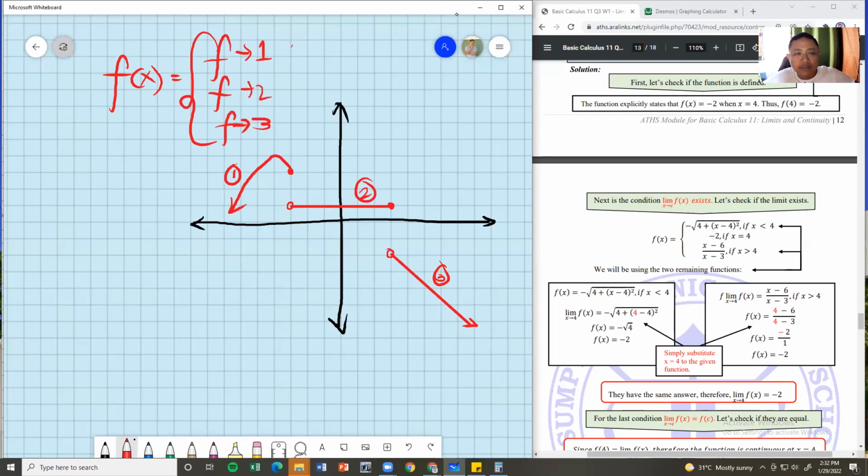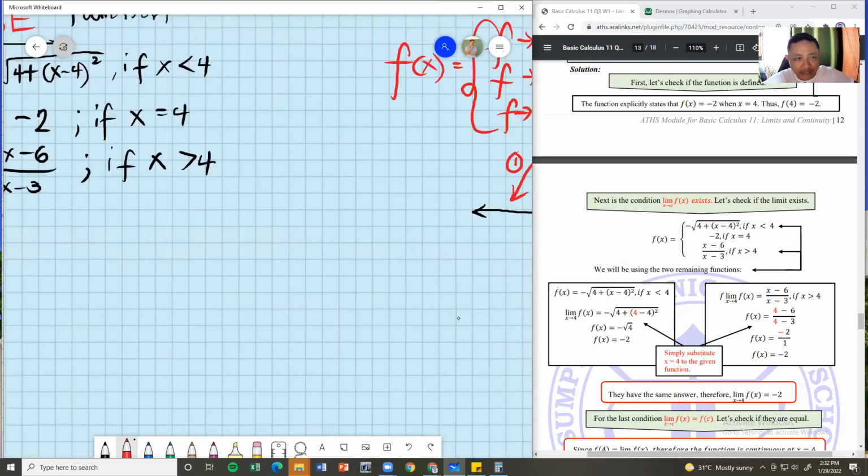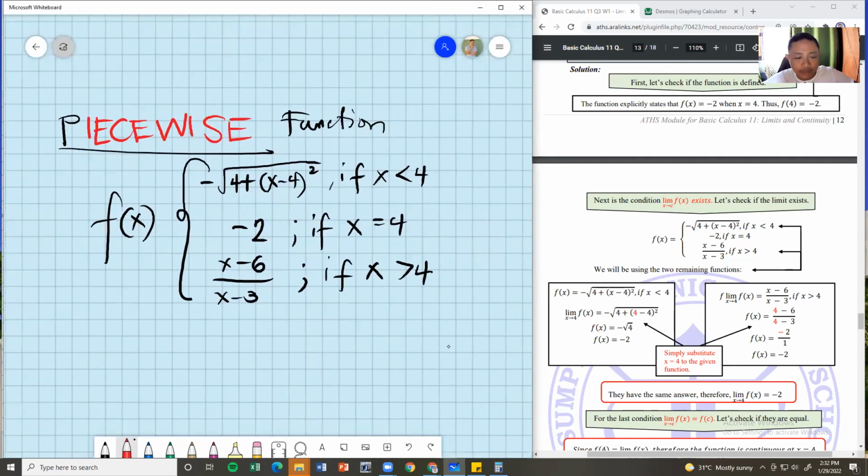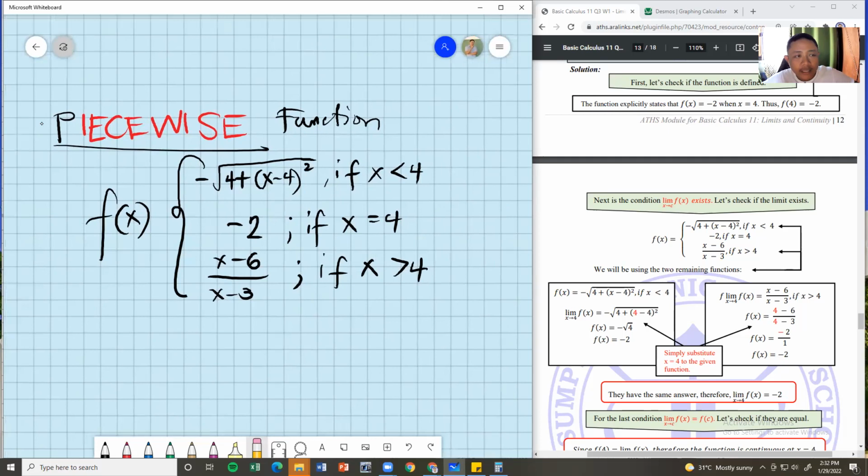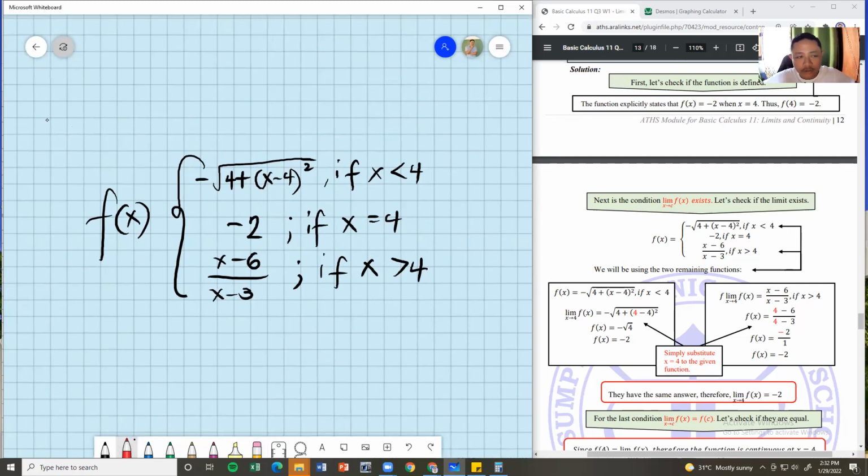So this becomes continuous because of what's shown in this graph. Can you follow? That's the concept of continuity. Okay. So that's what we will be testing in this example. We will see if this piecewise function is a continuous function or if there is continuity.